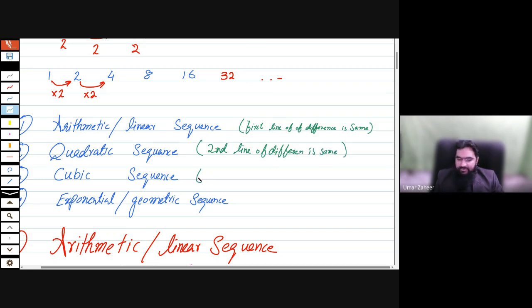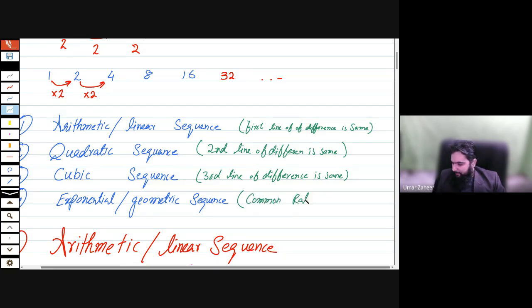In the cubic one, we did not do it today, but the third line of difference is the same. So such a type of sequence is known as a cubic sequence. In an exponential or geometric sequence, we have a common ratio. Clear?